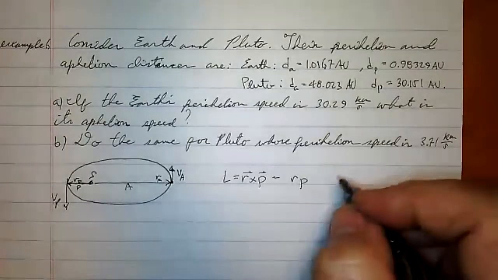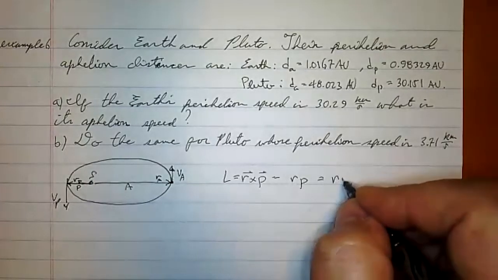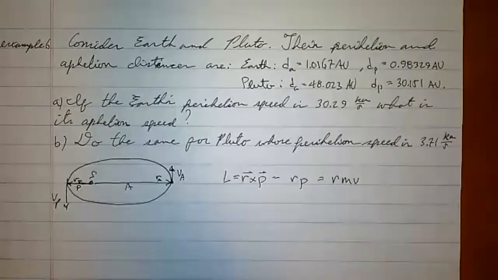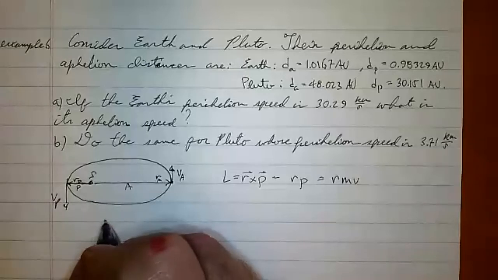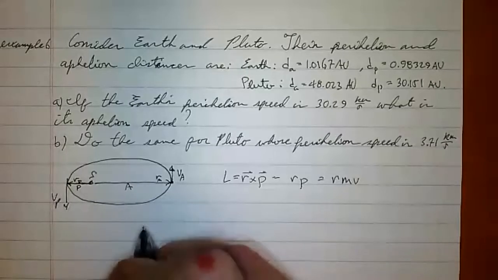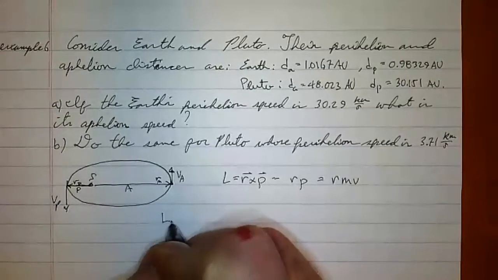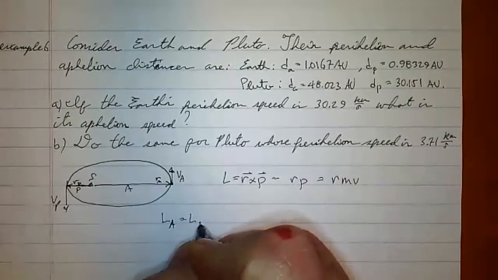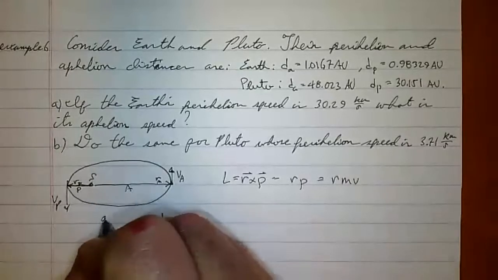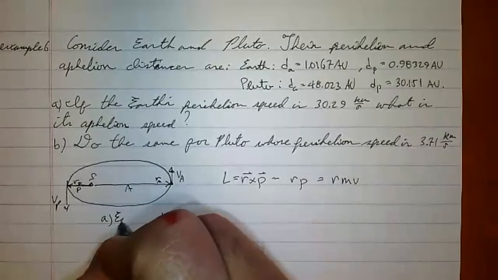Okay. And of course, P is just MV, so it's just R times M times V. So when I do Earth, I'm going to say L aphelion is equal to L perihelion. This is part B. This is part A for Earth.